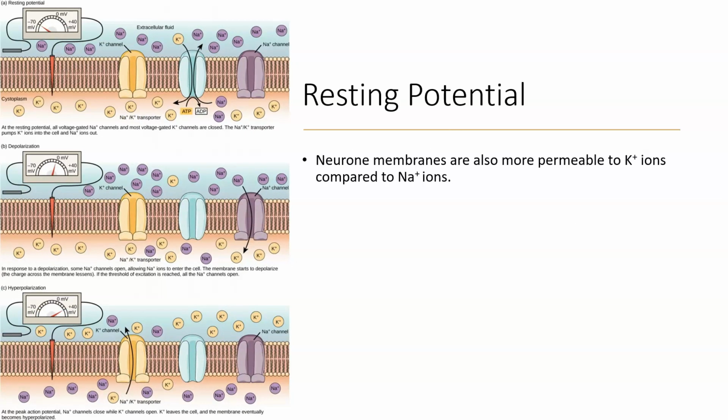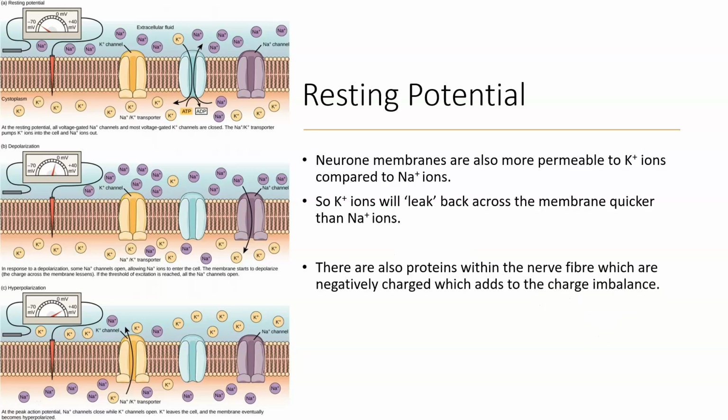So at our resting potential, our neuron membranes are also more permeable to potassium ions compared to sodium ions. So that also causes this difference in charge. Potassium ions leak back across the membranes quicker than our sodium ions.